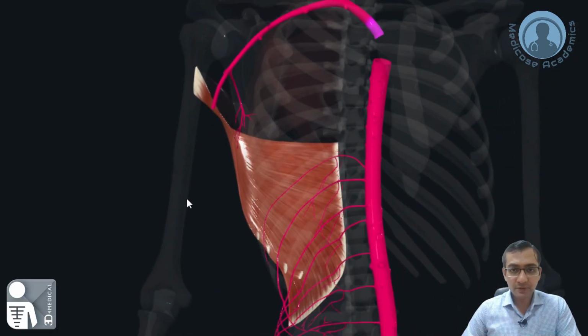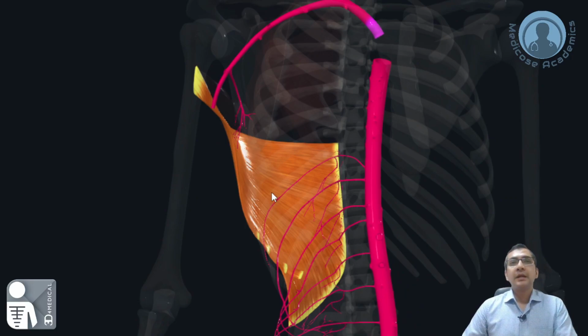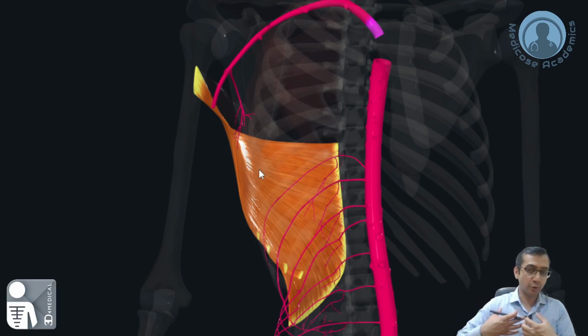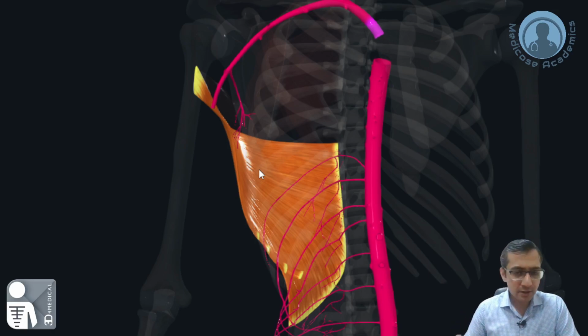So it extends down to supply this, and this arterial pedicle is very important, because in reconstructive surgery, sometimes breast surgeries after mastectomy, this muscle is pulled up from its origin, and this supply is maintained, and this nerve supply is maintained, and this muscle is brought to the front of the chest to act as a prosthesis. Now this surgery is relatively less common due to the better prosthesis availability. So this is about it.